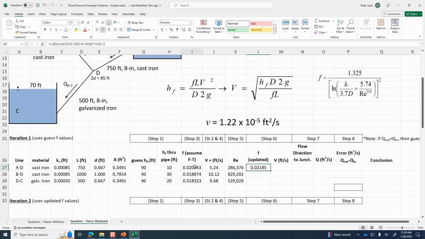It went from 0.0208 to 0.0218. So maybe like 6% or something. Okay, we can drag down through the other two rows, and it'll calculate an updated value for f.